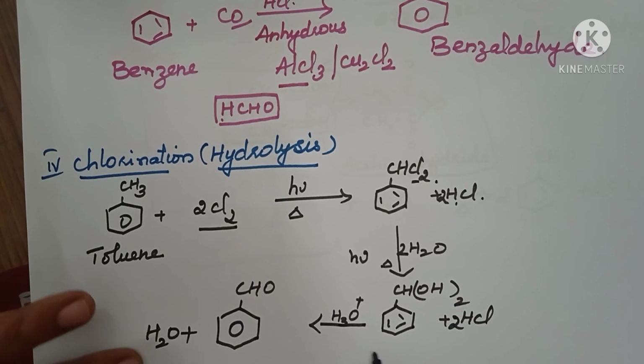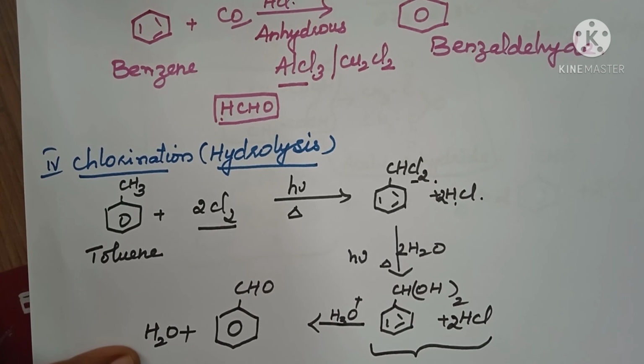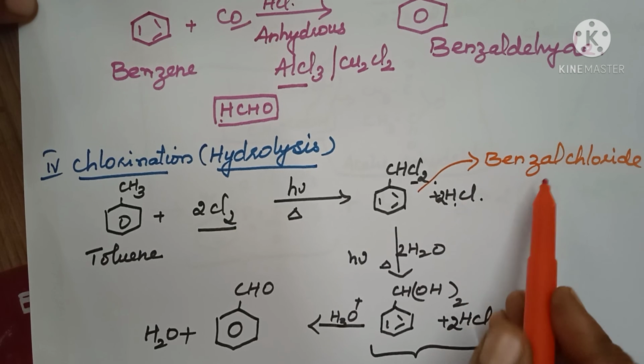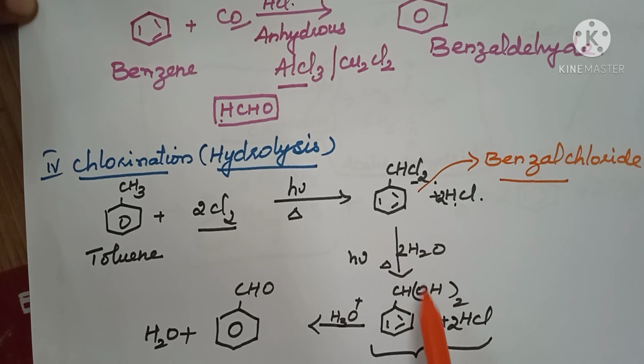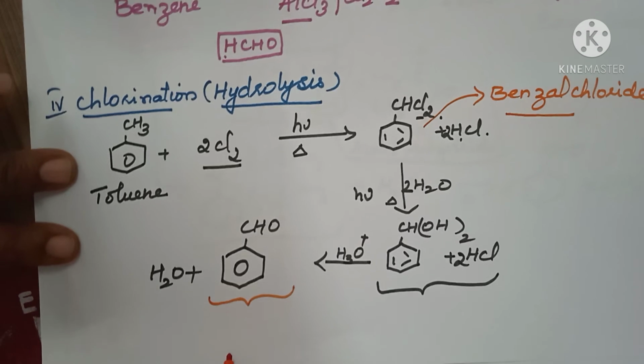You get this compound, and after hydrolysis you receive the final product, benzaldehyde. This is benzal chloride, and then again hydrolysis, a benzal hydroxide compound also comes. After that, the main compound is benzaldehyde.